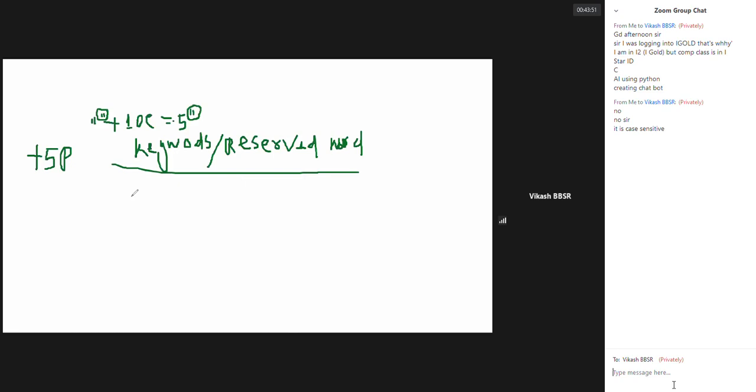Yes, it is predefined, that means they are reserved for some special purpose. So that is called the reserved word. They are used for special purpose, you cannot use them for other purposes.